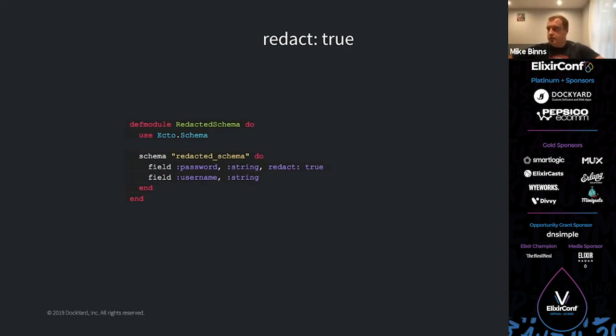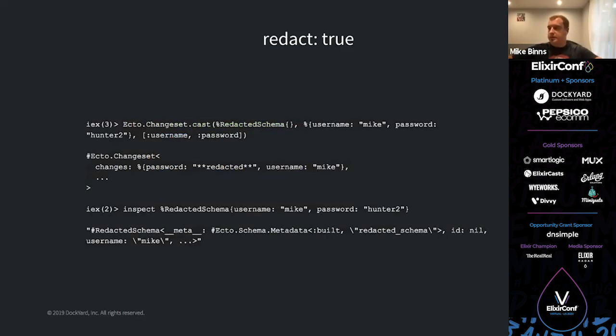And so we'll take a look at a couple different ways that this shows up. In the first one, we are casting that redacted schema module with username and password, and you can see that when IEx inspects that, it goes through the changes and says, you told me to redact this password field, so I'm going to redact it inside the changes so that it doesn't get exposed when that value is in a changeset.